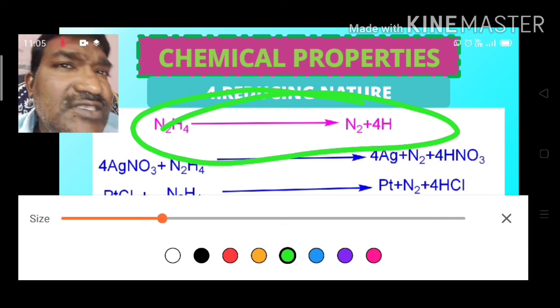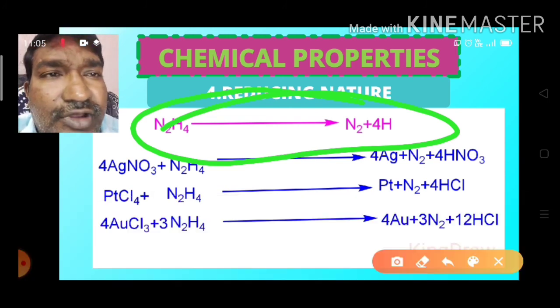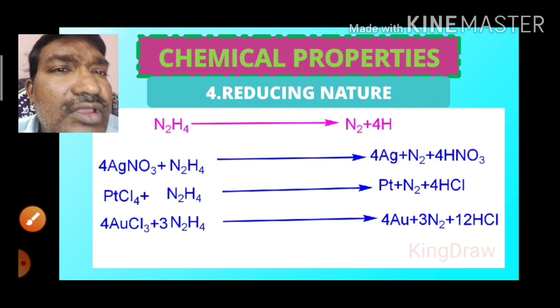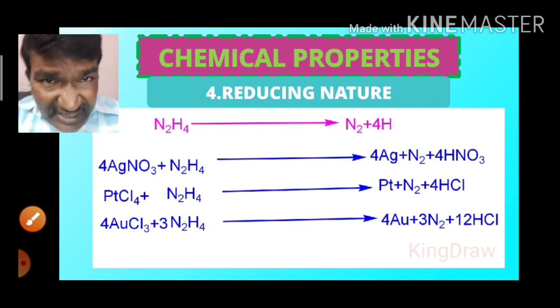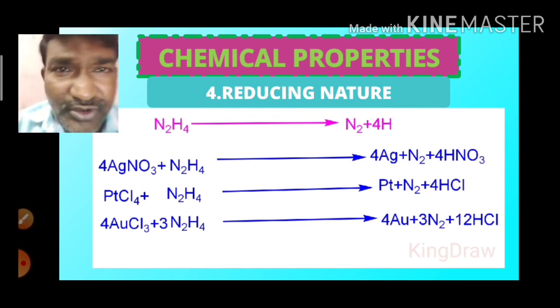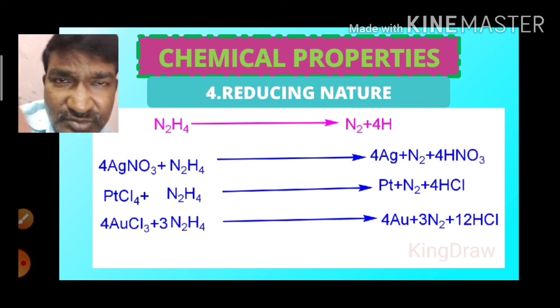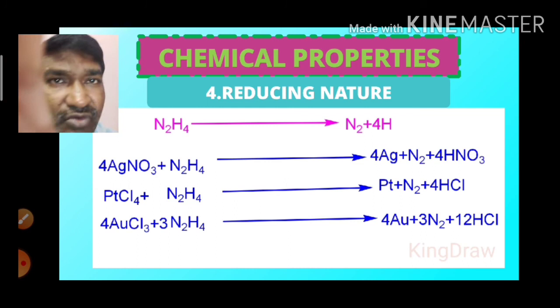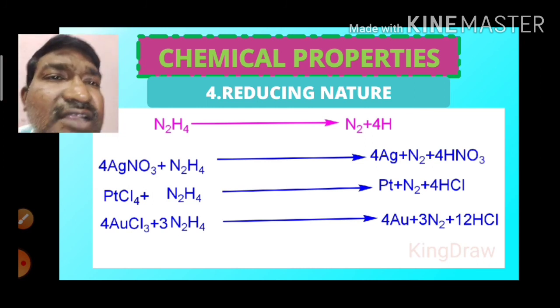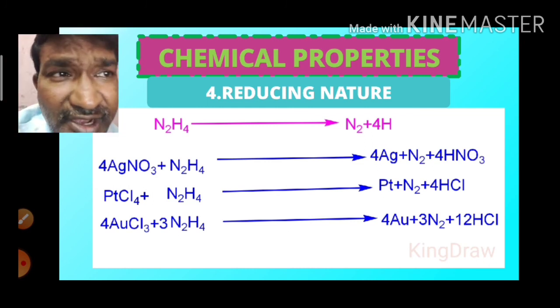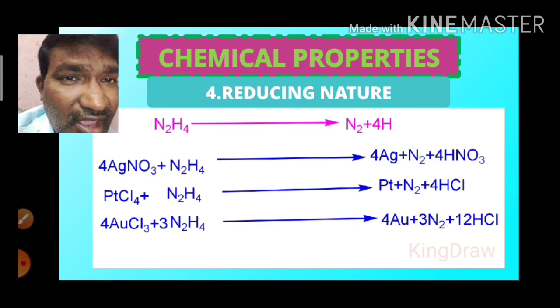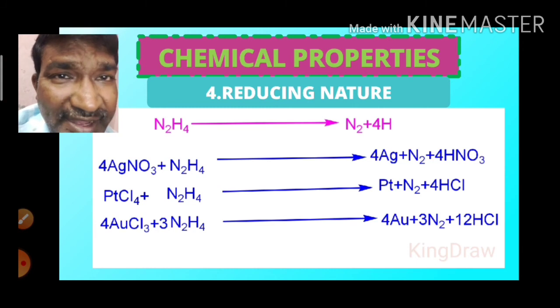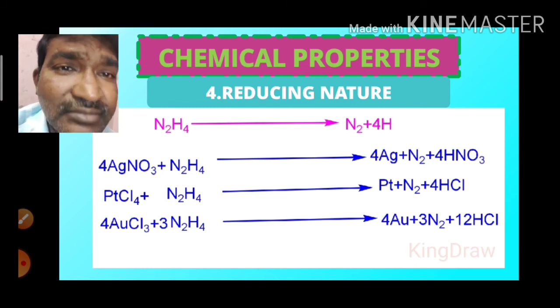That is the basic reaction we have to remember. And here hydrazine reduces some salts to their corresponding metals. For example, hydrazine reduces silver nitrate to silver, and it reduces platinic chloride to platinum.